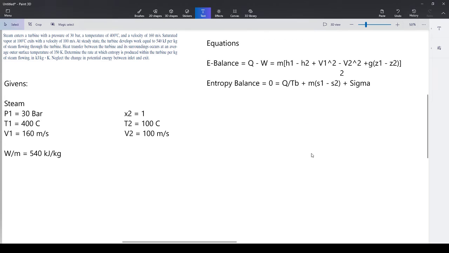So these are the two equations that we're going to use here. And like I said, I highly suggest that you write these out at the beginning. It will help you a lot. So now, would you like to rephrase your statement, Michael?